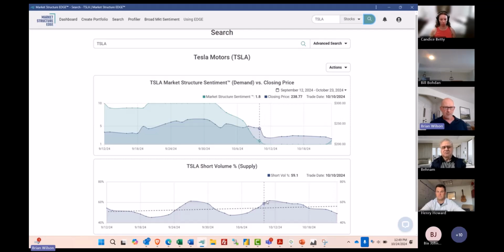In one, short volume is moving higher. In the other one, shorts are getting covered. So it was a much better setup going into today's earnings. Could you expect $20 upside from this earnings? No, other than the fact that everything was just completely washed out. And once again, shorts had been covered.